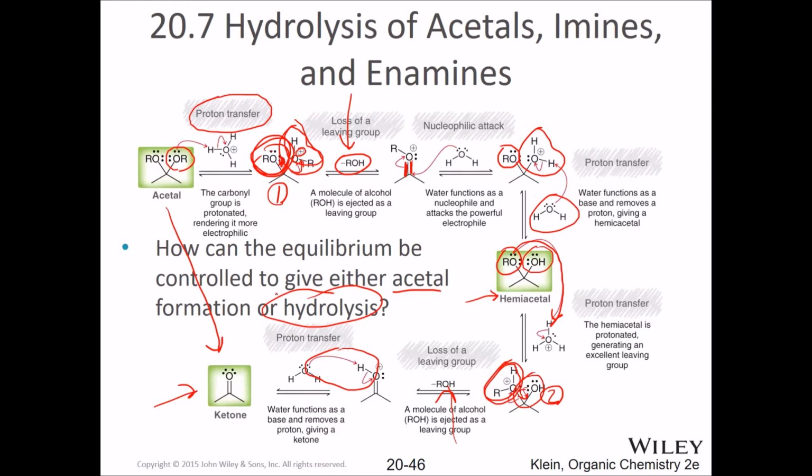If we have a lot of alcohol, we're going to tend toward the acetal. Let me say that again. If we have a lot of alcohol, we're going to tend toward the acetal. It's going to be going this direction. If we have a lot of alcohols, we're going to have a tendency to go in that direction toward the acetal. If we have a lot of water, we're going to have a tendency to go in this direction toward the ketone.